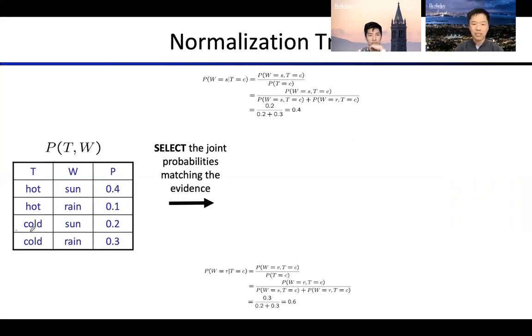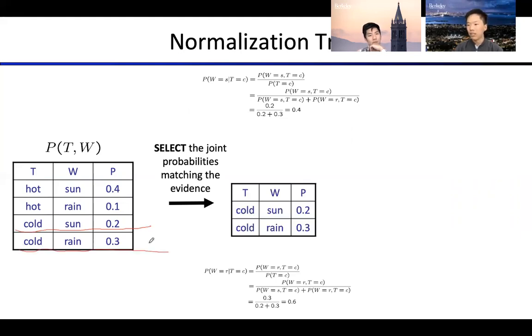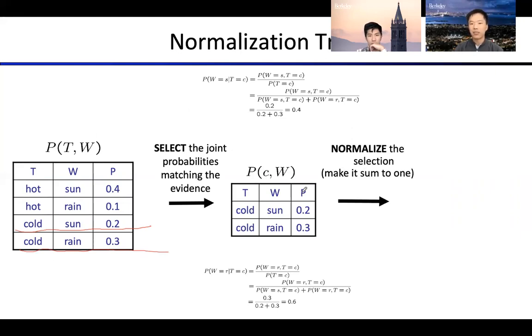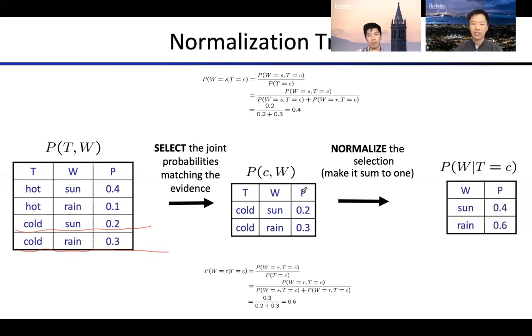In this case, since we know the temperature is cold, we only select the last two rows. Then we perform normalization by scaling the two entries such that they add up to 1. That's how we get the conditional probability distribution for the weather variable given that the temperature is cold.